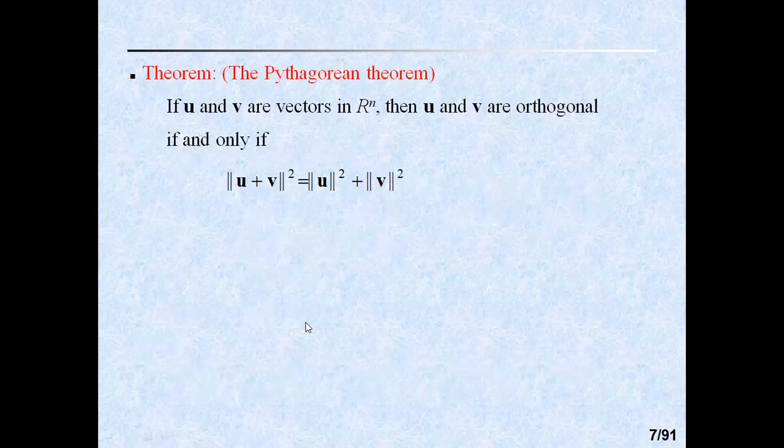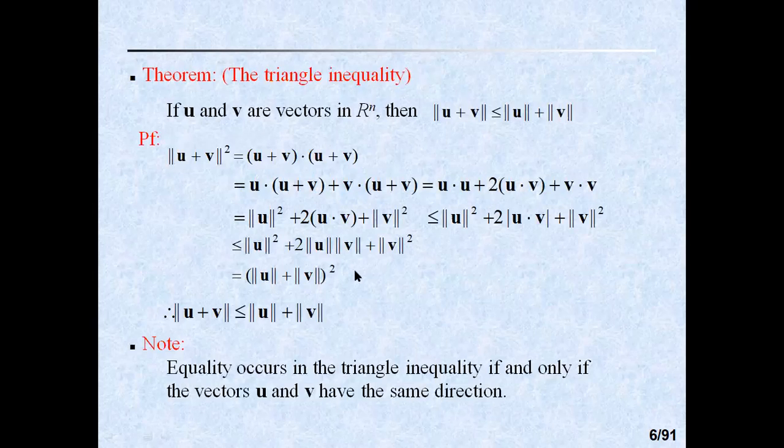One more theorem we will discuss now, the Pythagorean theorem. If u and v are vectors in R to the power of n, then u and v are orthogonal if and only if norm u plus v whole square is equal to norm u square plus norm v square. Because two orthogonal vectors means u dot v will be 0, u dot v is equal to 0.